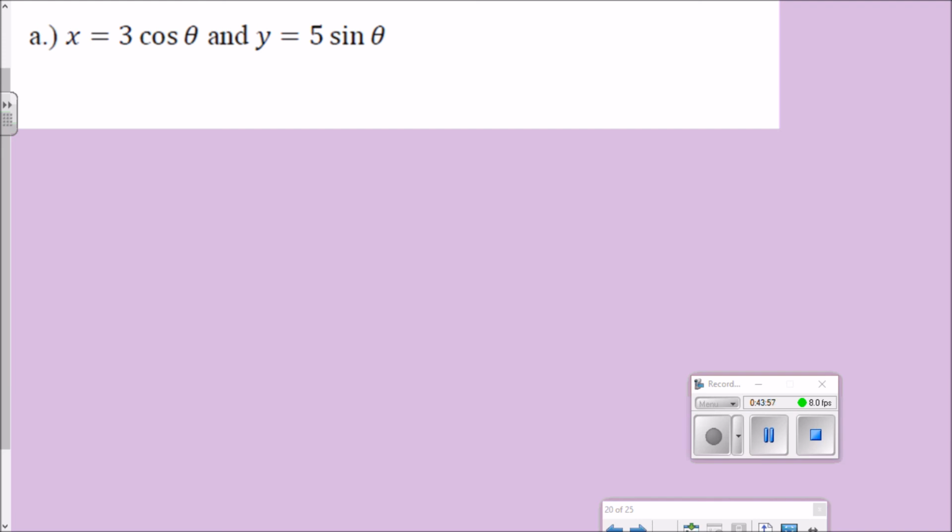Here's how we know this is the ellipse. Guys, what does this kind of mean? It means that your vertical aspect, your sine, has a radius of 5. And your horizontal aspect, your cosine, has a radius maximum of 3. So we should kind of already be able to tell that this is an ellipse. And when we start putting those pieces together, well, what does that mean?